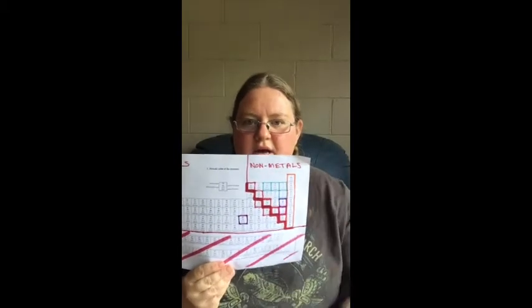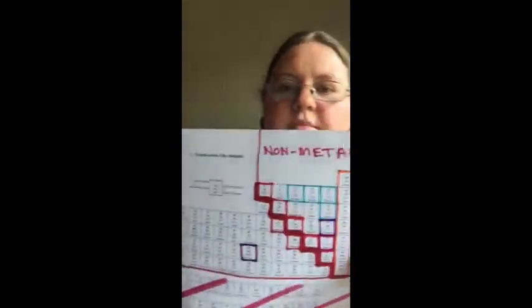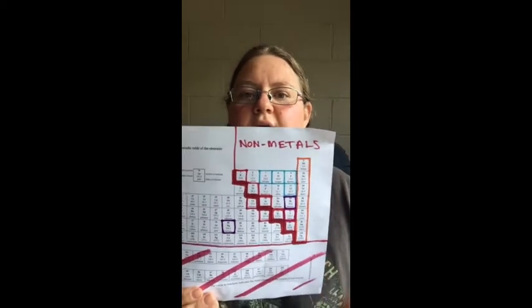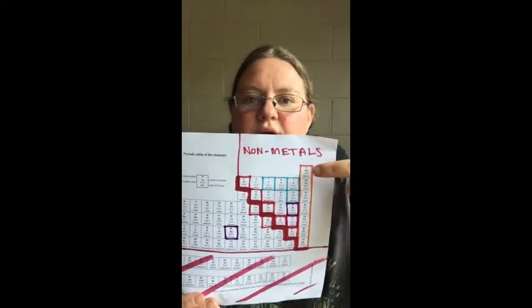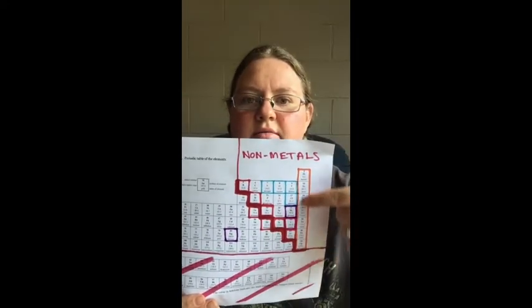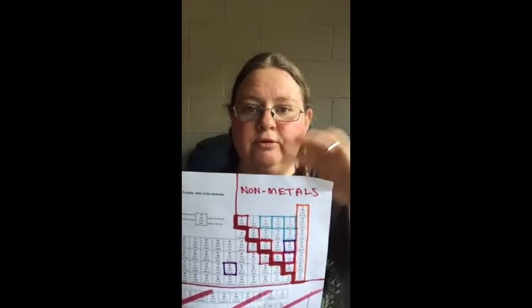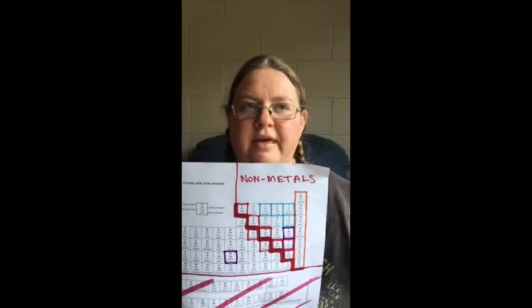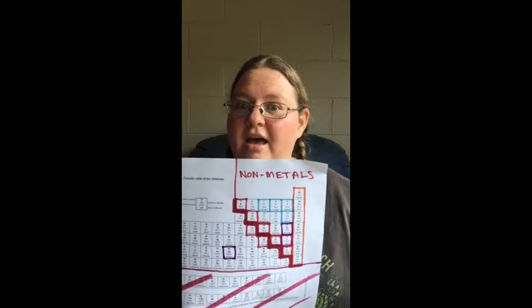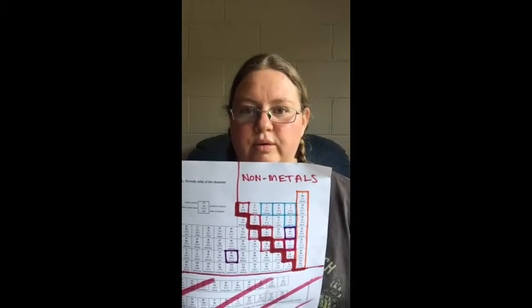Then when we move over to the non-metal side of our periodic table, let's start with our noble gases. Noble because they have a full outer shell of electrons. They are noble because they are non-reactive, and they are gases, hence we don't have to remember what they are. They will always be a gas.